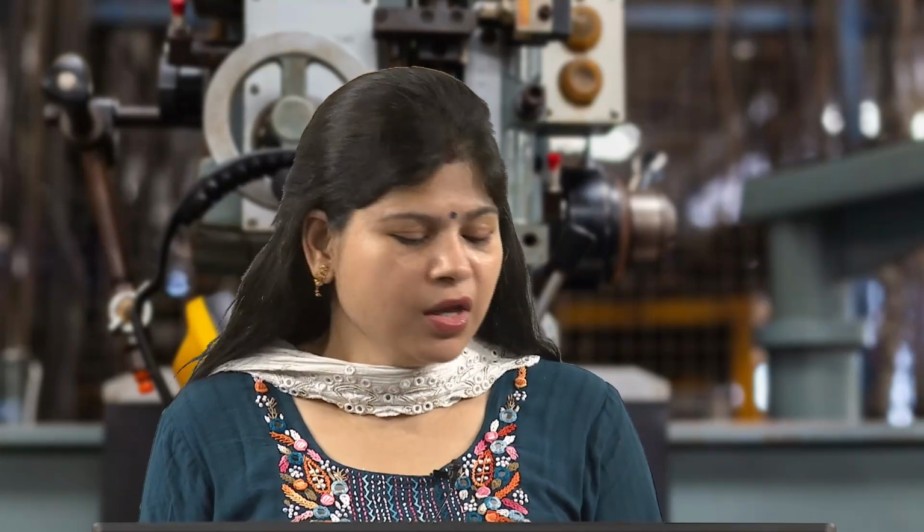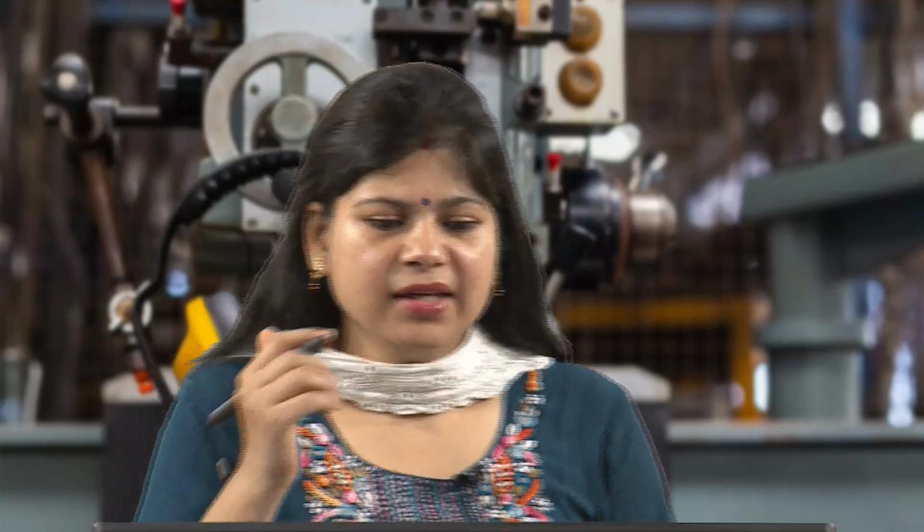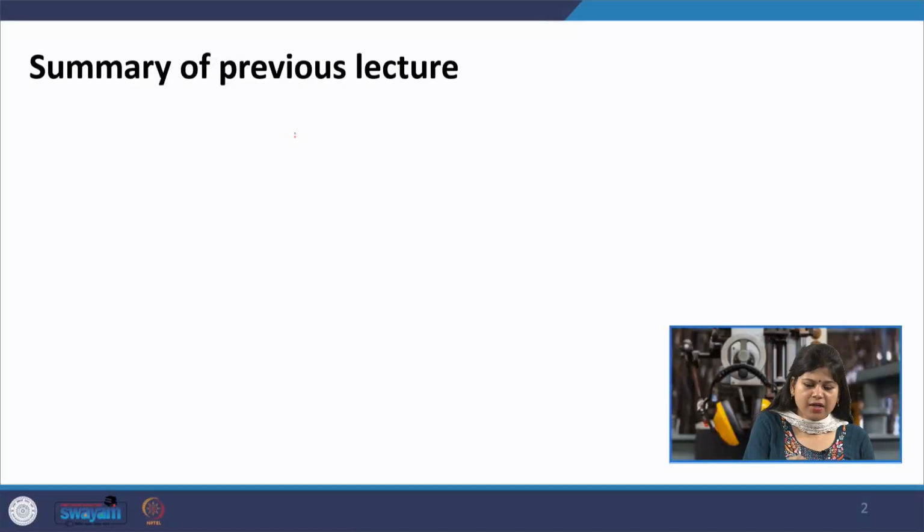So, we have been discussing sound absorbers that could be used for noise control, and in that we have studied various porous fibrous sound absorbers. And then we have studied some resonance type sound absorbers.